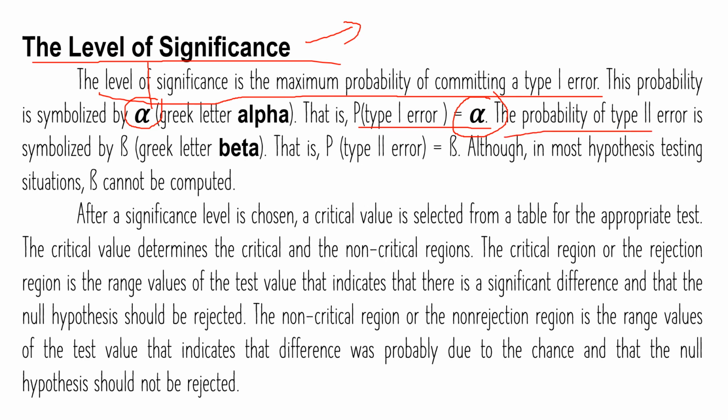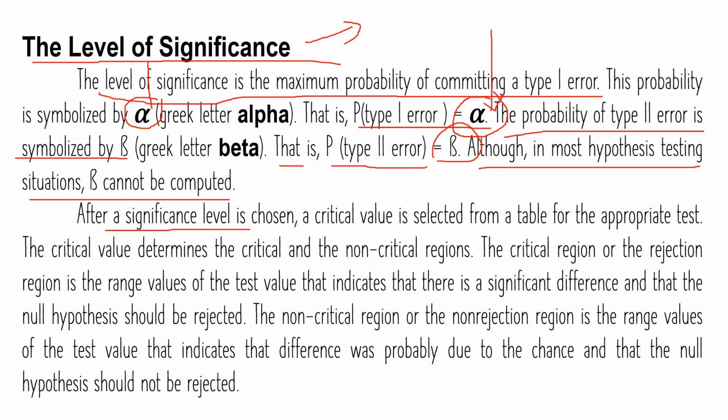The probability of a type 2 error is symbolized by your beta, so the probability of committing a type 2 error is your beta. Although in most hypothesis testing situations, beta cannot be computed. Why? Because we simply use your alpha as your level of significance. Most of the time, we only use alpha, or the level of significance, for our research.